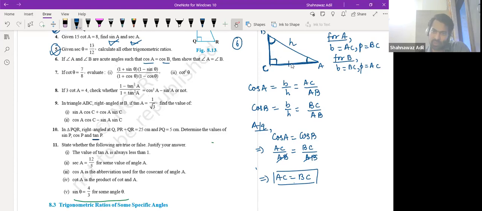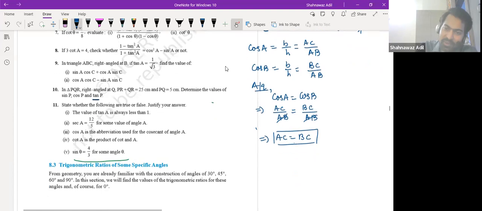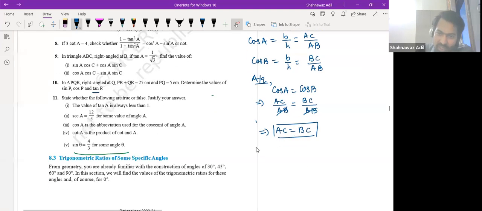Isosceles. Yes, you knew the result. Absolutely correct. So if AC equals BC, this implies that triangle ABC is an isosceles triangle.